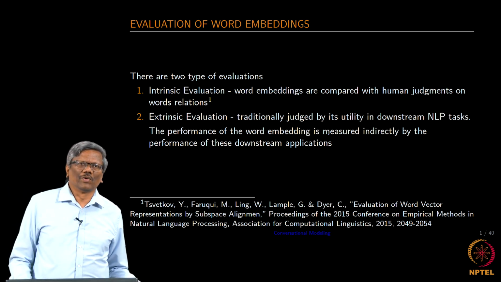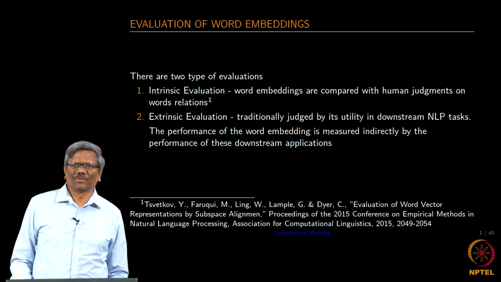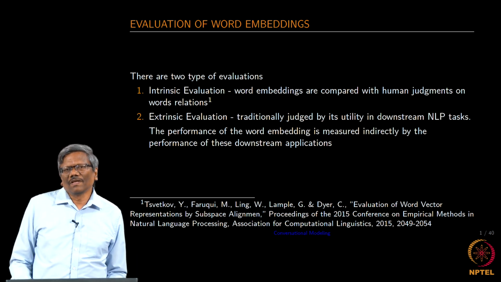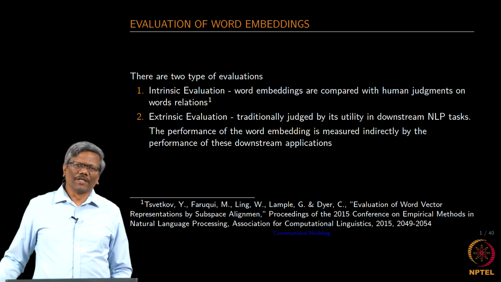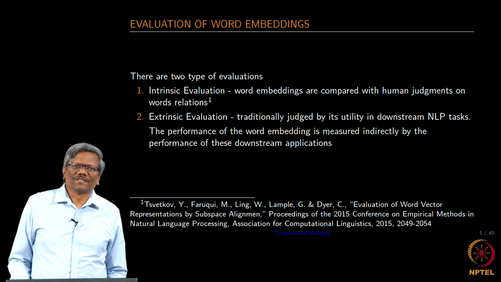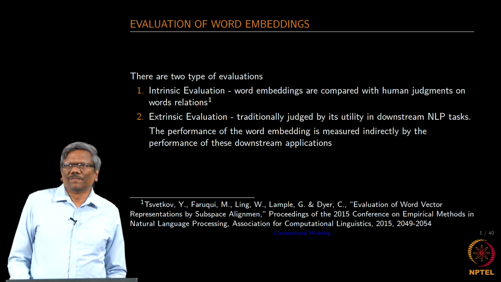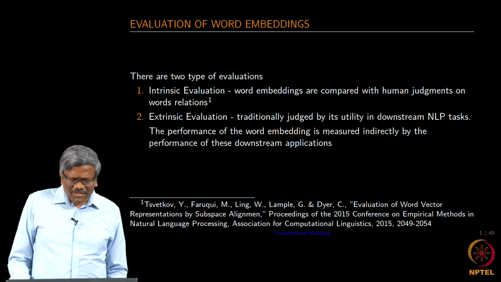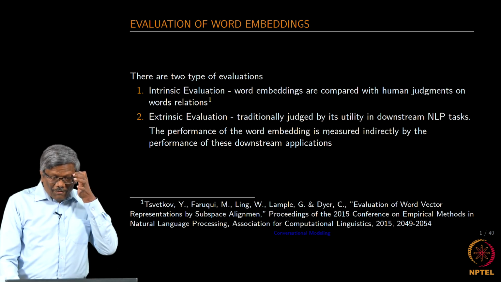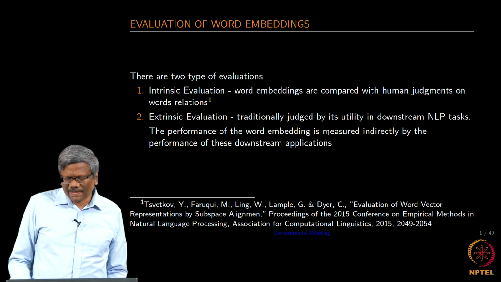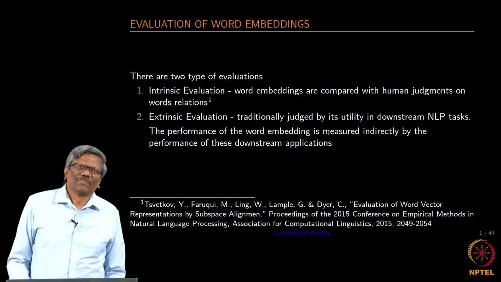Okay. So, how do we measure those word vectors? There are two ways of doing it. One is, as I mentioned, you can input these as vectors for the downstream applications and then measure the quality of the downstream applications. So, that is one way of doing it. The other way is to use an intrinsic model where we can compare the word vectors with human judgments.